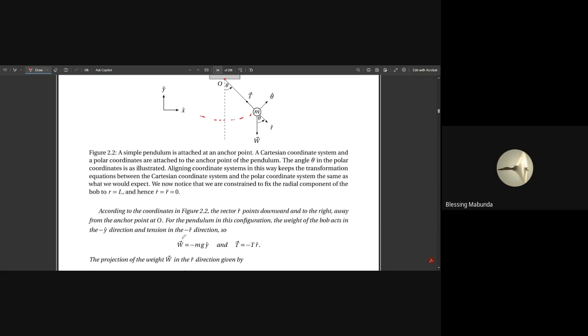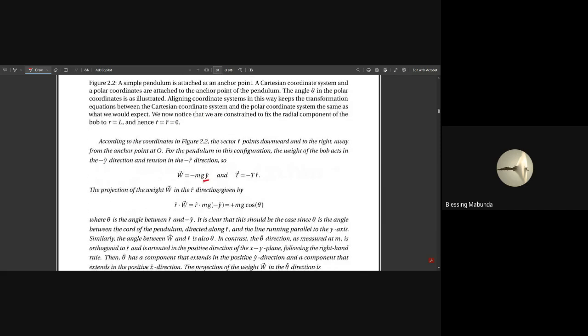You've seen this weight equation before, so that's minus mg, and we've now attached direction to it, and this is tension, so minus T, also with direction attached.